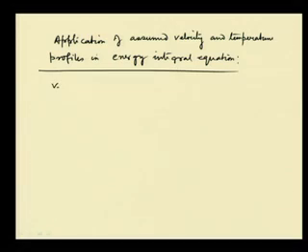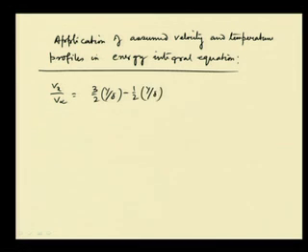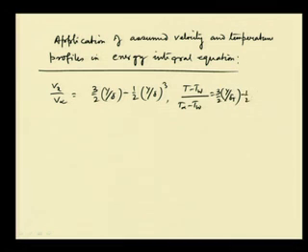So, we have taken the velocity profile as Vx by V infinity is equal to 3 by 2 into y by delta minus half into y by delta whole cube, and T minus Tw, where Tw is the wall temperature, over T infinity minus Tw, where T infinity is the free stream temperature, is equal to 3 by 2 y by delta T minus half into y by delta T whole cube.